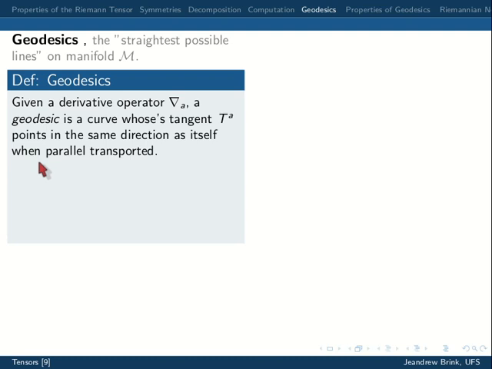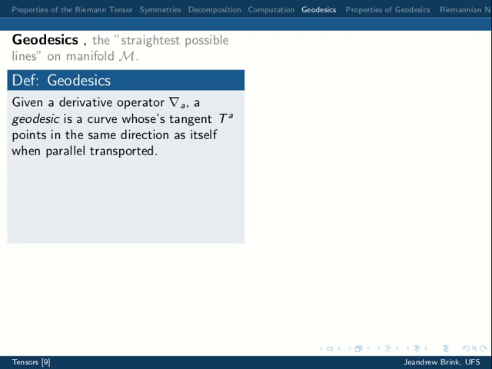Remember we had the idea that you're given a curve, you have a vector on the curve, and you can parallel transport the vector along the curve so that it changes as little as possible. So now a geodesic is that special curve where if you parallel transport the tangent vector, it remains in the same direction as the tangent itself.